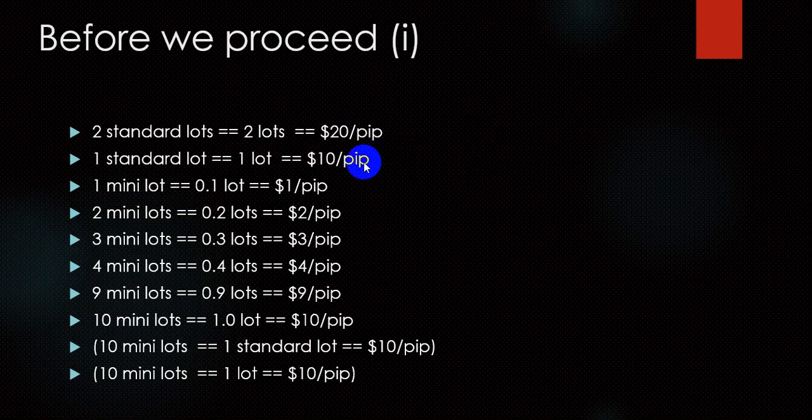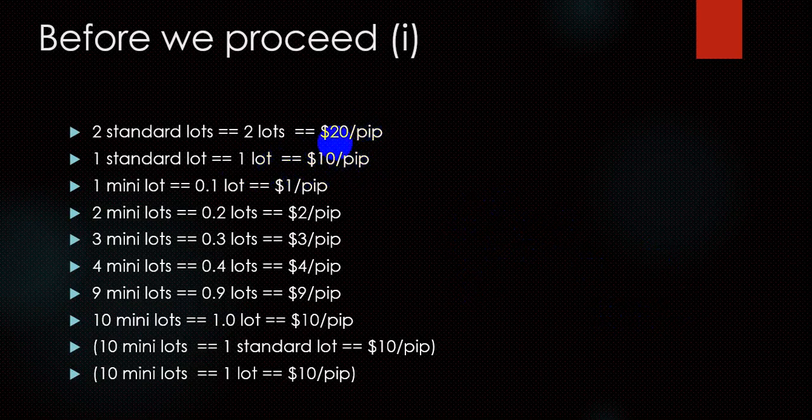If price moves, let's stick to 1 pip for now, because that's the basic, that's the smallest amount of movement that we're expecting. It is a standard measure of movement. So let's stick to 1 pip. So if you're trading with 1 full lot, 1 standard lot, you stand to gain or lose $10 per movement in price.